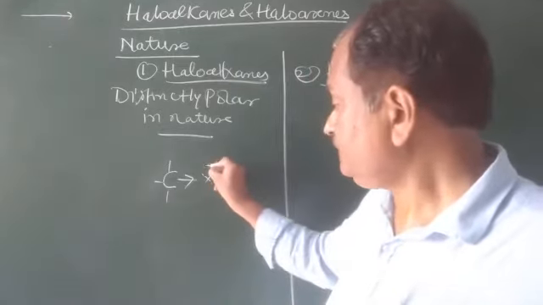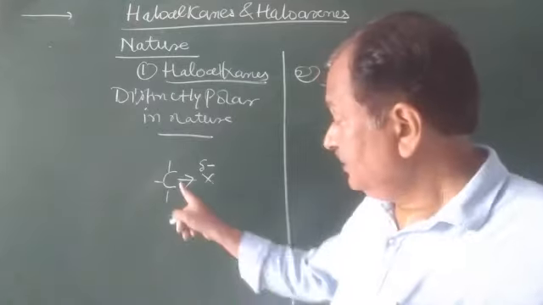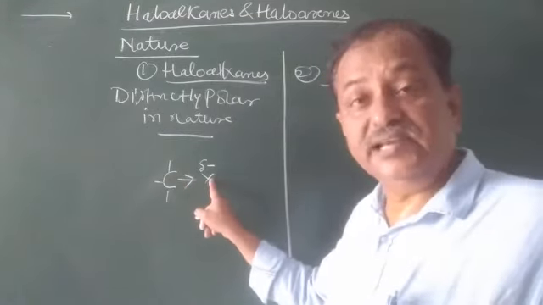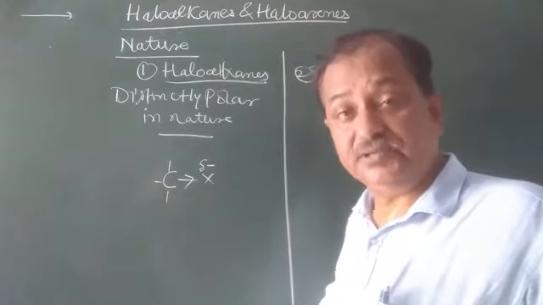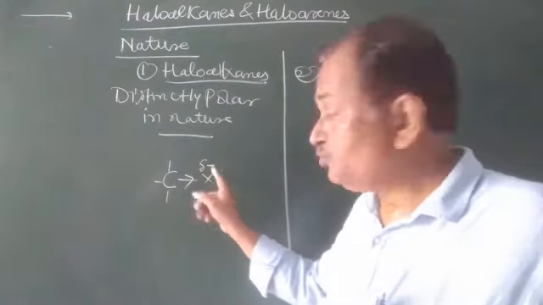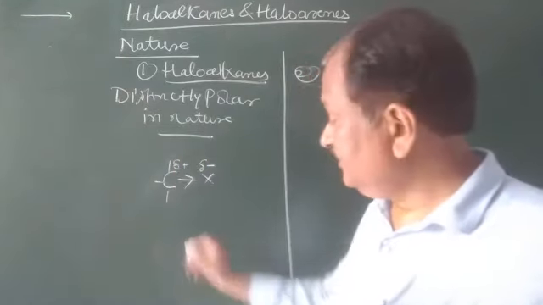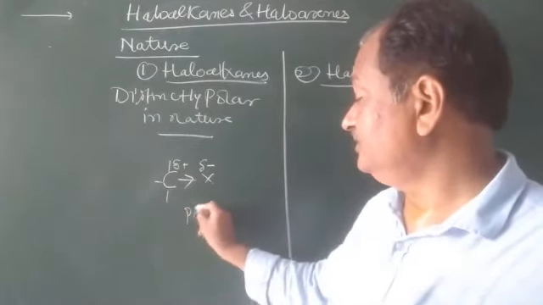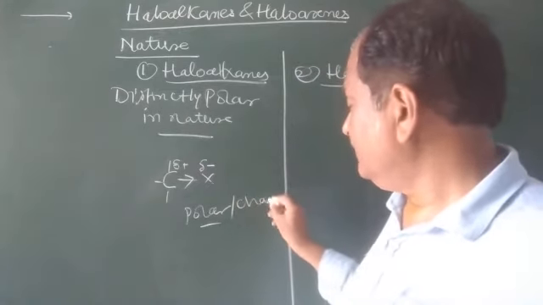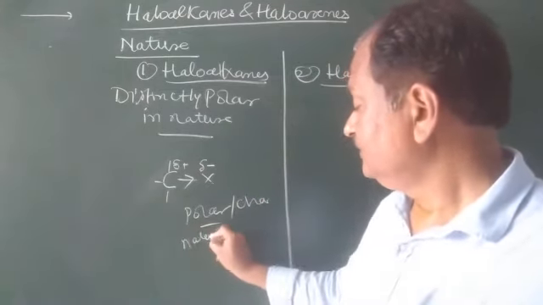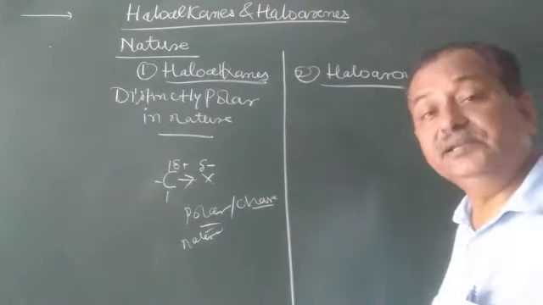As a result, it will have a delta negative charge, because of its electron withdrawing nature. So when it has a negative charge, of course this carbon will have a delta positive charge. So the same molecule has this polar nature, and they have the charge. Thus they are distinctly polar in nature.